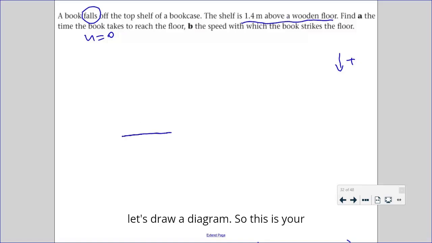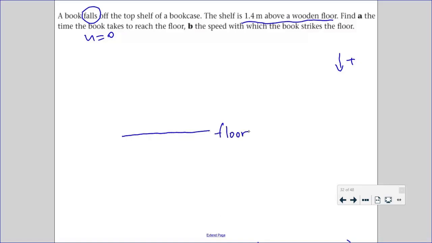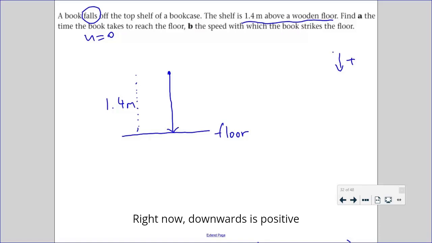So let's draw a diagram. This is your floor, and 1.4 meters. The book was dropped from here and it reaches the floor. Downwards is positive because it's falling down.